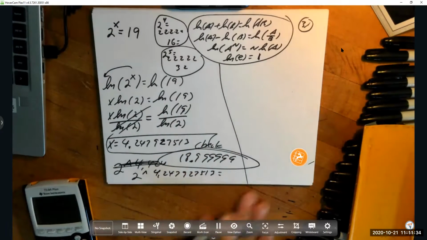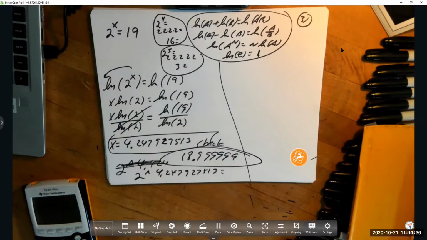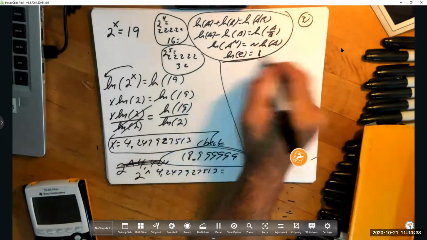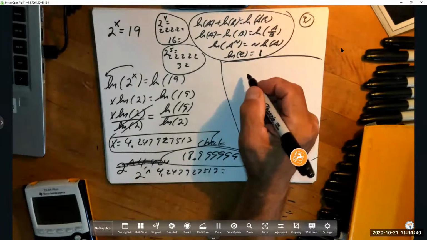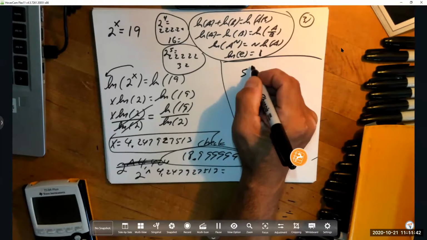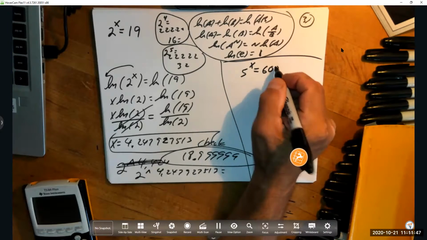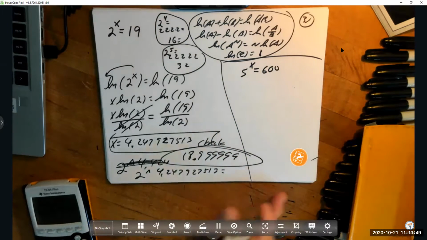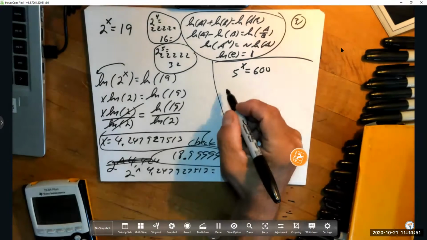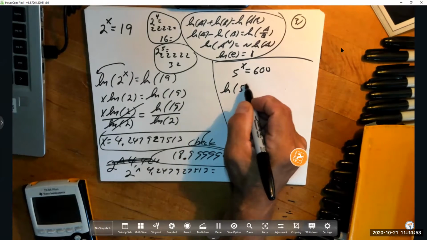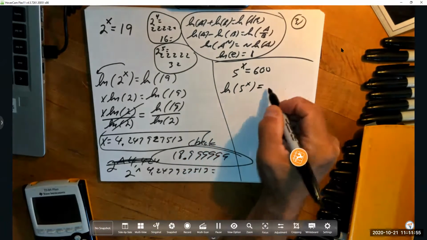Yes. All right. So I'm going to do another one. Same kind of stuff. I just use a different number. Let's say instead of 2 to the x, I'm going to say 5 to the x equals 600. Okay. So step number 1, take the log of both sides, ln of this one, and ln of this number.